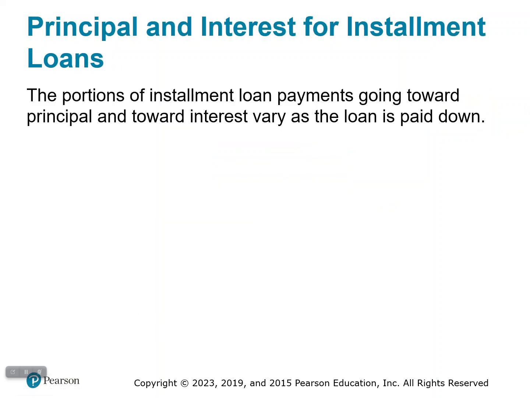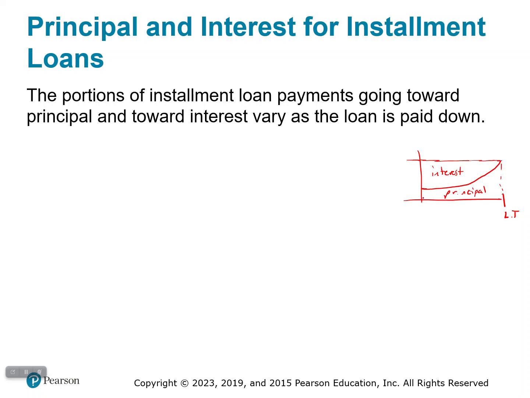Okay, so the portions of installment loan payments going towards principal and towards interest vary as the loan is paid down. We're going to see a better graph later. If this is your amount of payment, that's how much you pay for your loan term, ending here. You're going to pay the same amount all the time. What's actually happening is it's about like this, where all of this is interest, and only this little bit down here is your principal.